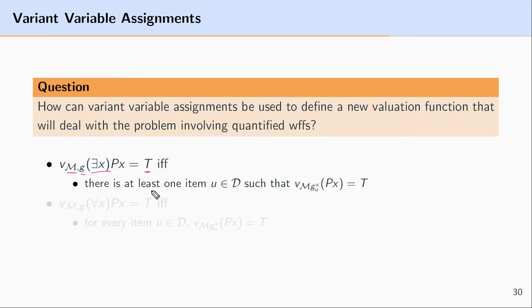We'll say this formula is true provided there's at least one item U in the domain that would make P x true relative to a variant variable assignment that takes x and says that x denotes U. So provided there's at least one U that is in the interpretation of P, then P x would be true.